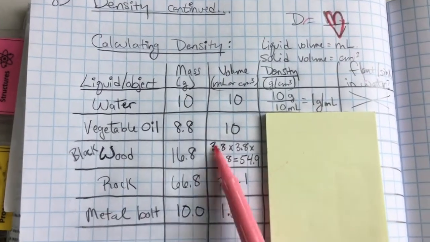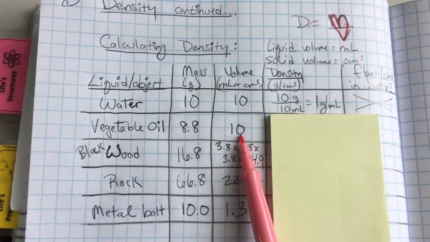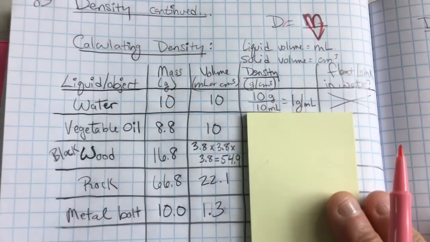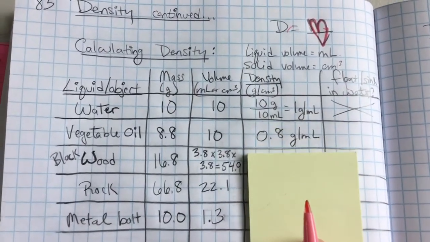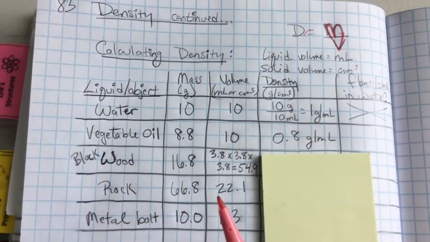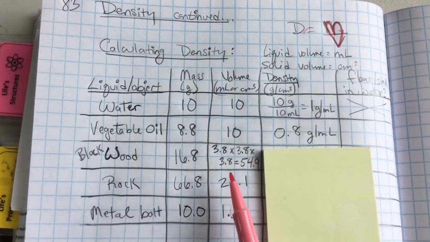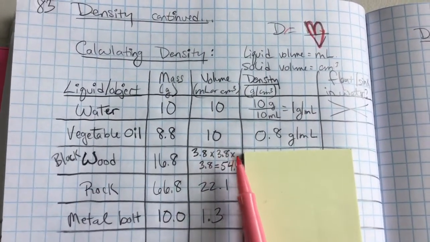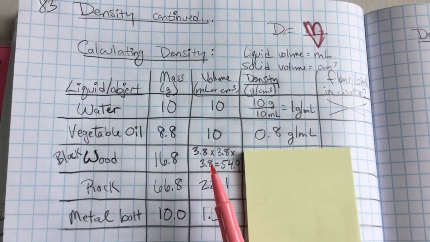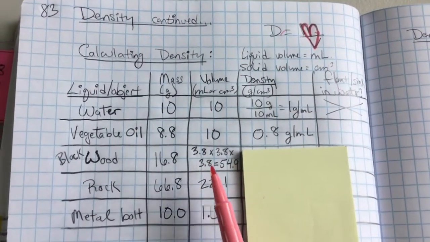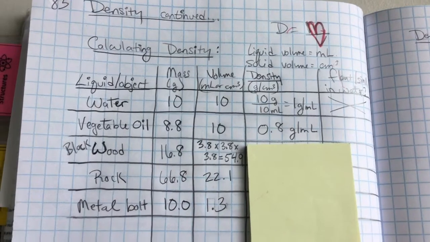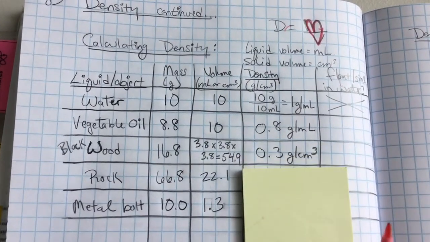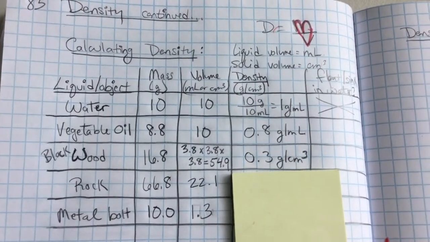So vegetable oil, right? 8.8 divided by 10 is going to equal 0.8. For the volume of the wood block, I did 3.3 times 3.3 times 3.3, length times height times width. That's our volume, and we divide the mass by that. So that's going to be not very dense at all.